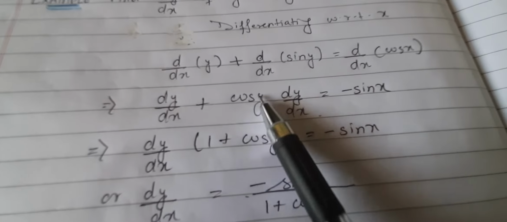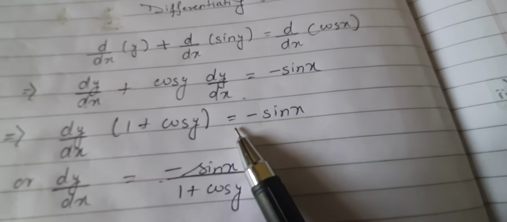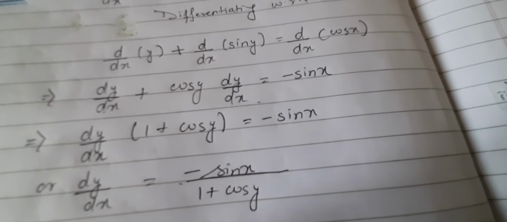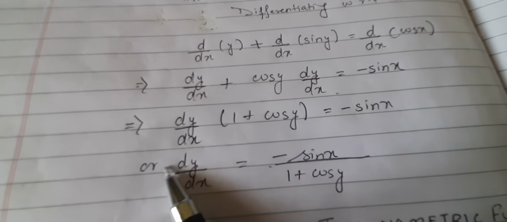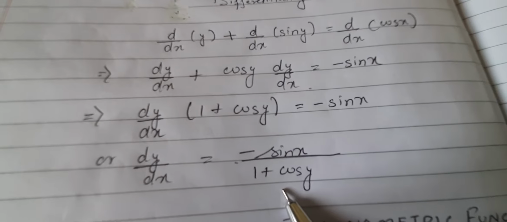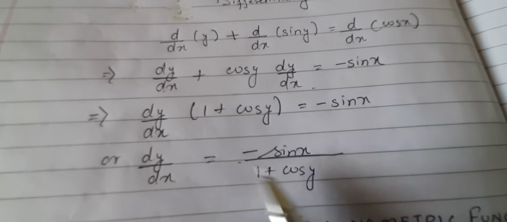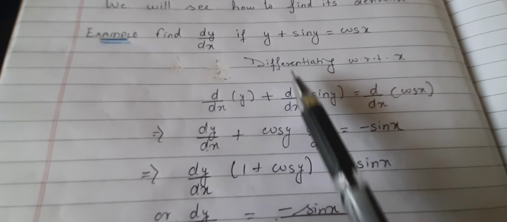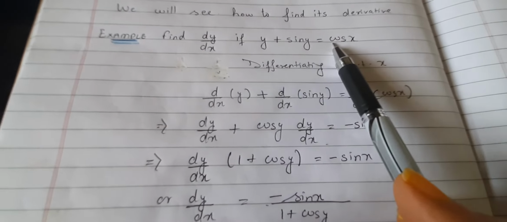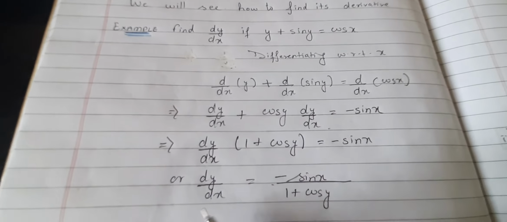So this is 1 plus cos y, and this is equal to minus sin x. So dy by dx is equal to minus sin x upon 1 plus cos y. So this is the derivative of y with respect to x. See, I could not write y in terms of x explicitly, but we can always find the derivative like this, dy by dx.